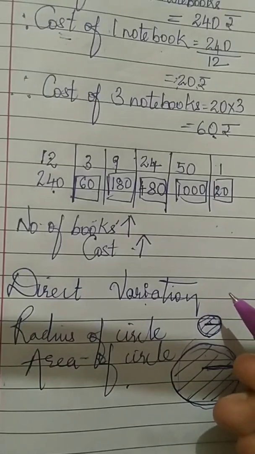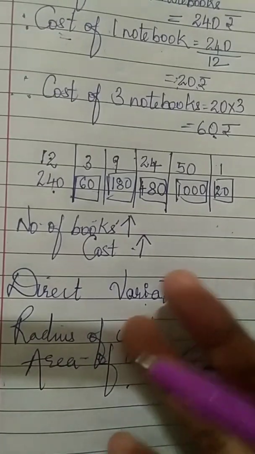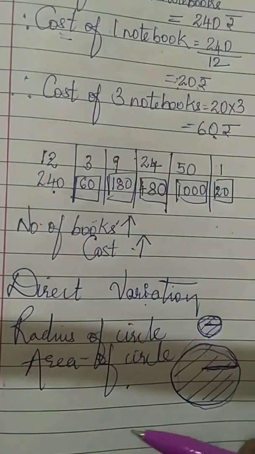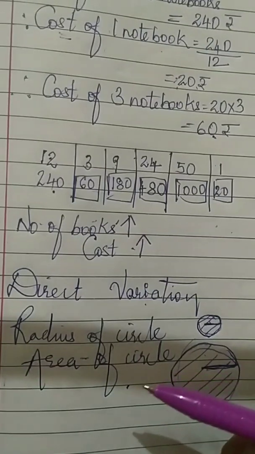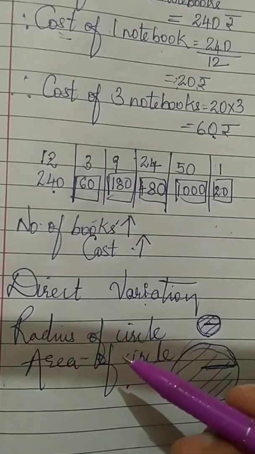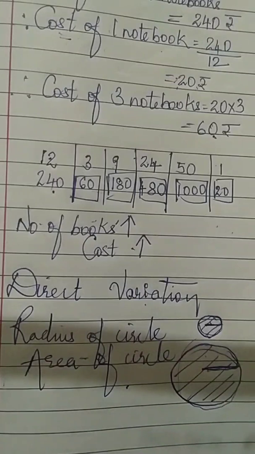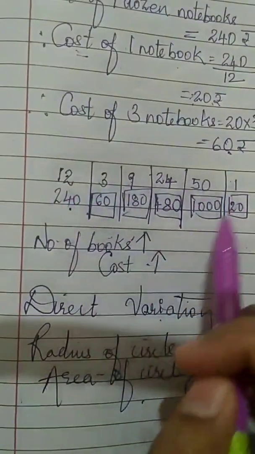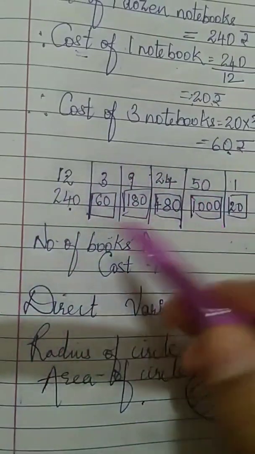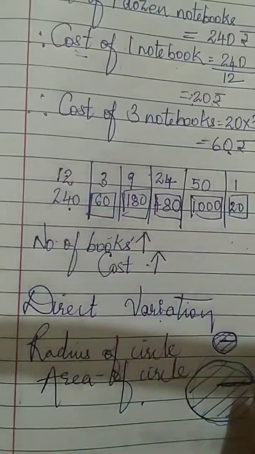Another example of direct variation, you can also think along with me. What comes to my mind is, as the liters of petrol that you fill in your vehicle increases, more distance you can travel, right?